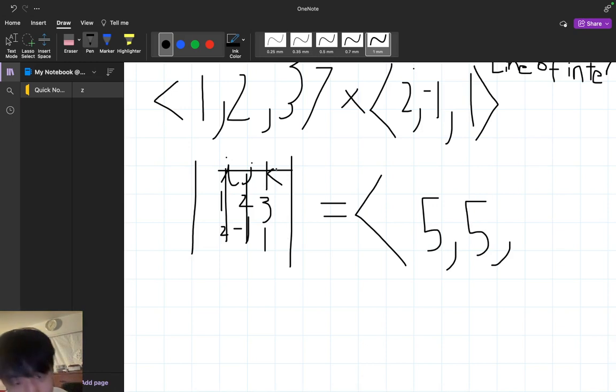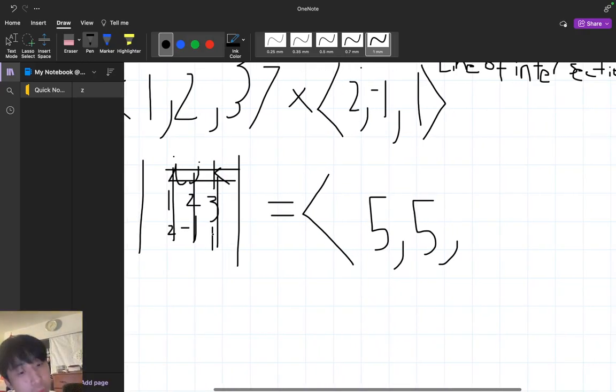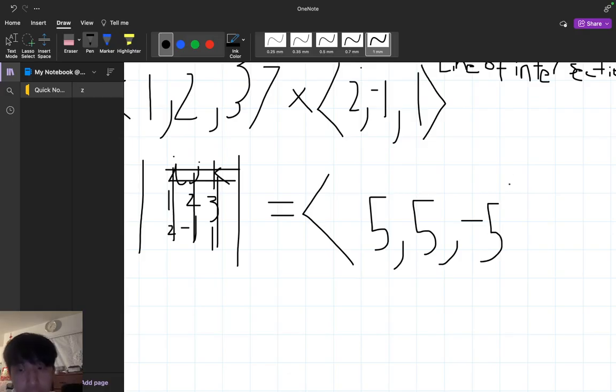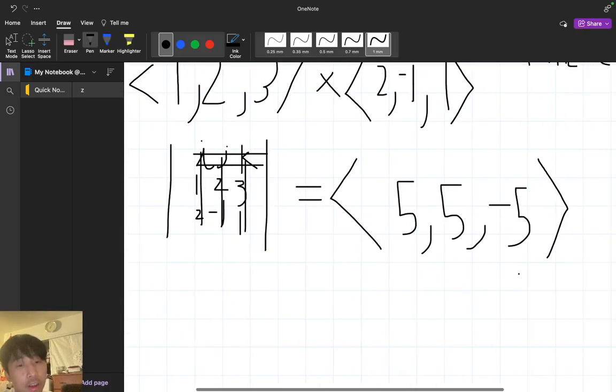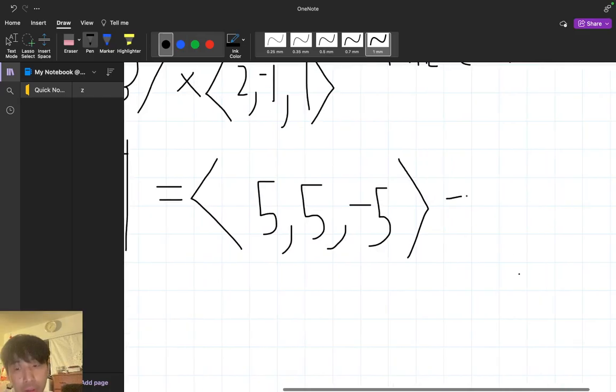Next, K. 1 times negative 1 is negative 1. 2 times 2 is 4, so negative 1 minus 4 is negative 5. Alright, that's our perpendicular vector now.